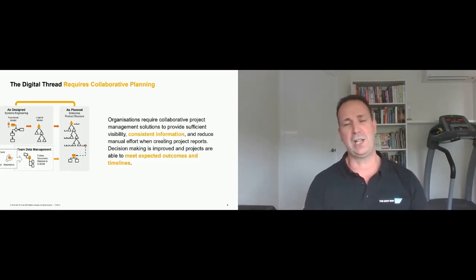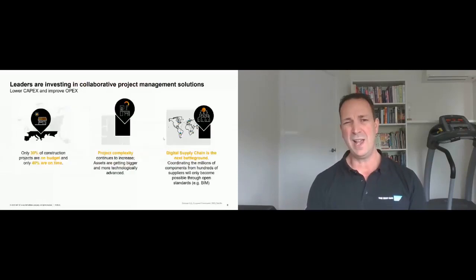So we want that collaboration to be across enterprise systems and across organizational boundaries. When that happens, we're able to improve our ability to deliver projects and deliver these complex assets into operations. And this is an area that we've struggled with for decades.